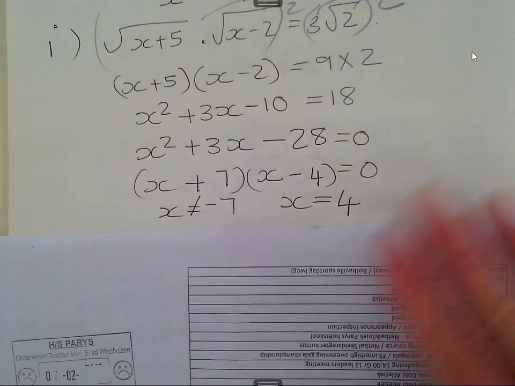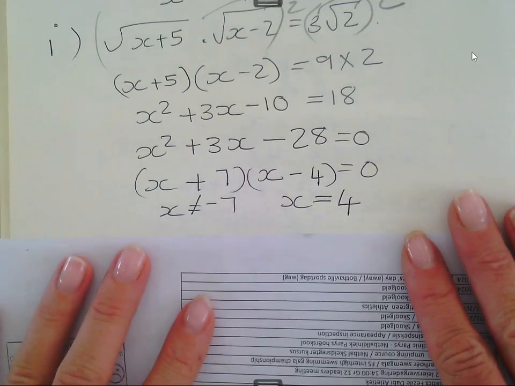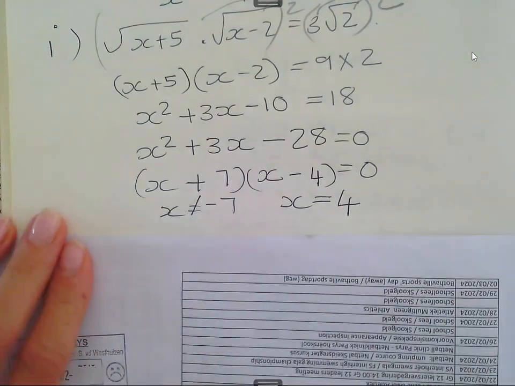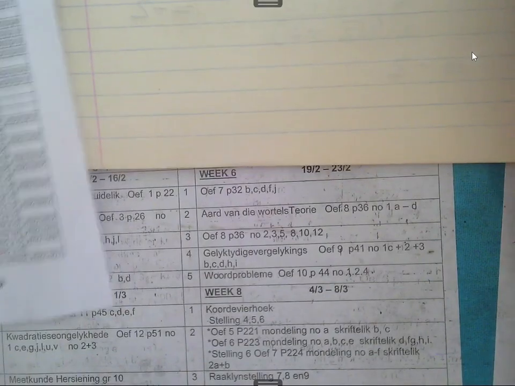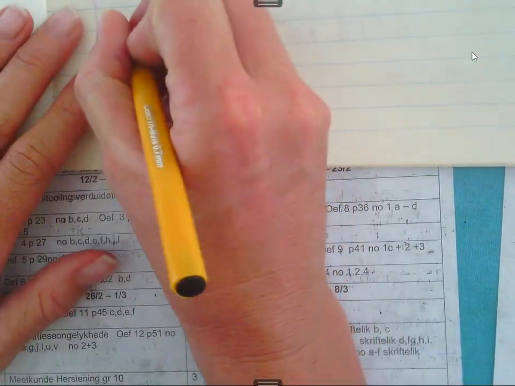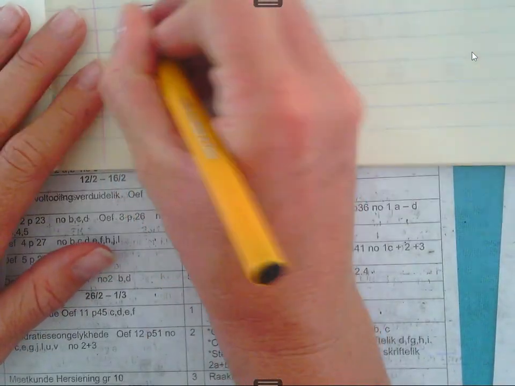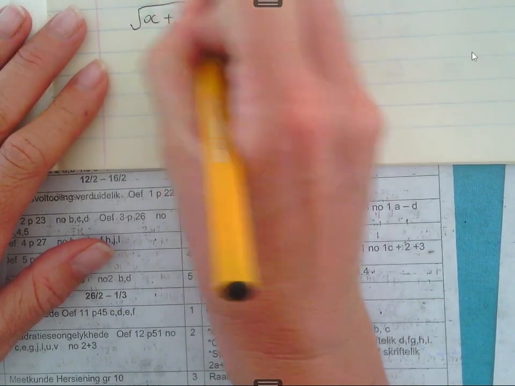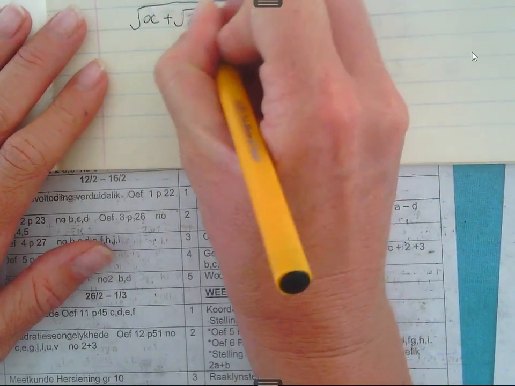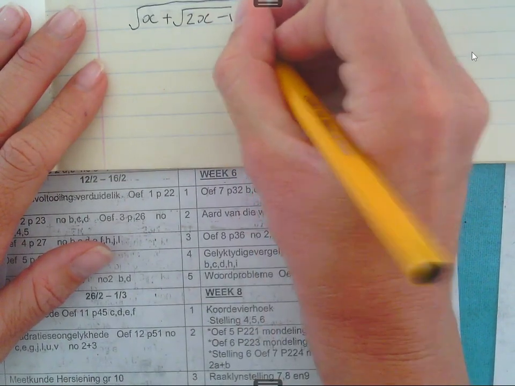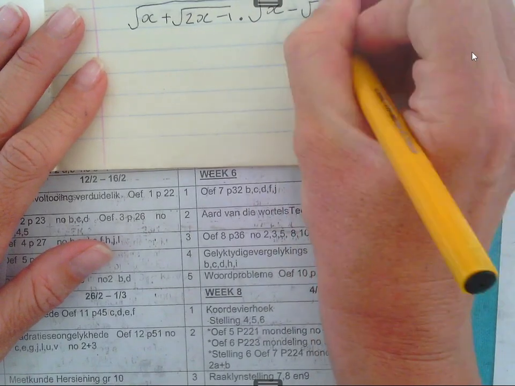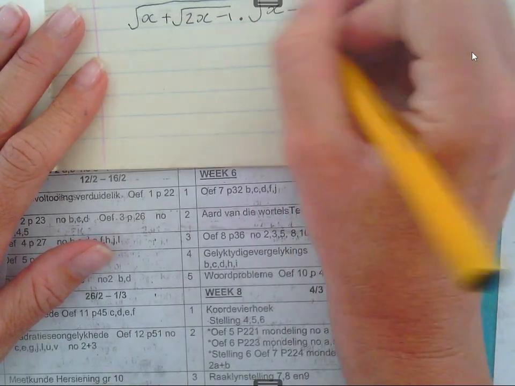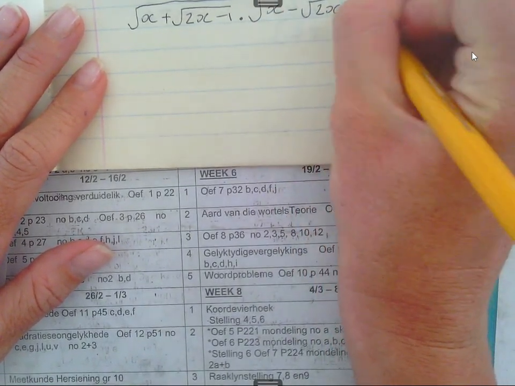Okay. All right. So the first one, I'm just going to write the sum on this page first. Wait, let me write it here so that you can see what it looks like nicely. So it's the square root of x plus the square root of 2x minus 1, times the square root of x minus the square root of 2x minus 1.